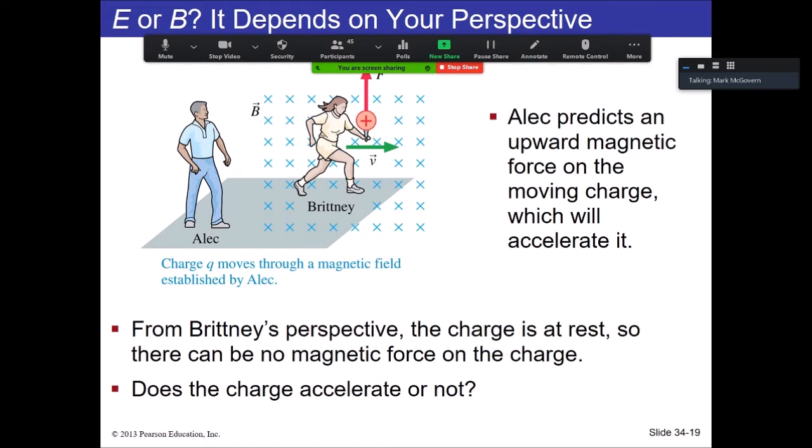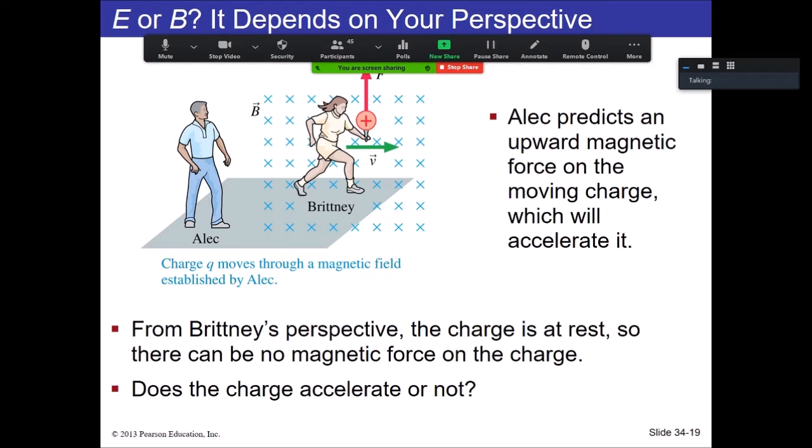What Alec is going to predict is that when you do your V cross B, the charge should go up, because V cross B is in the upward direction. And so we should see this force push this particle up.